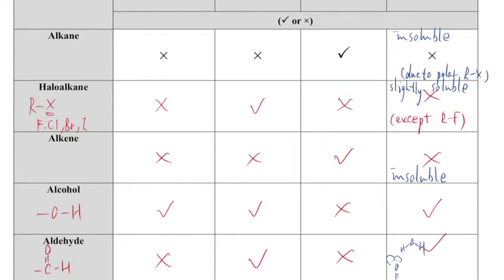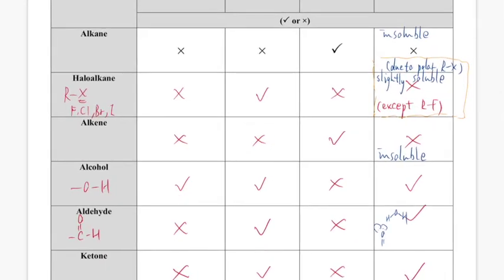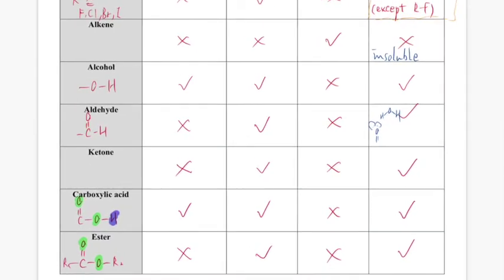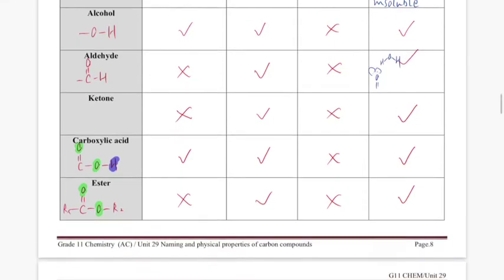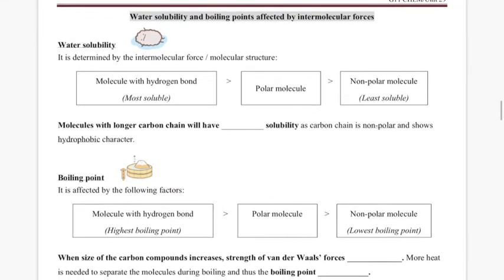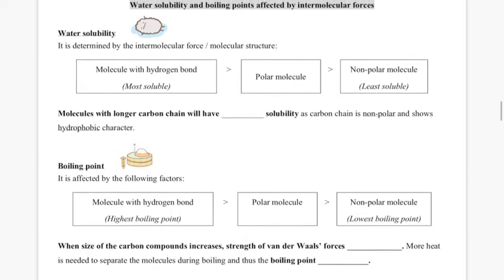So haloalkane is slightly soluble, and for those where we put a tick, that means these organic compounds can all dissolve in water. Okay, so we complete this part, and then starting from the next page, I'm going to teach you how we can compare the solubility and boiling point, and how we are going to answer those questions.